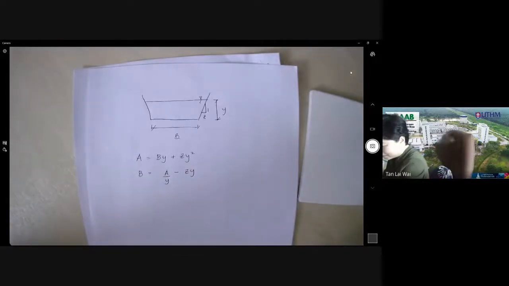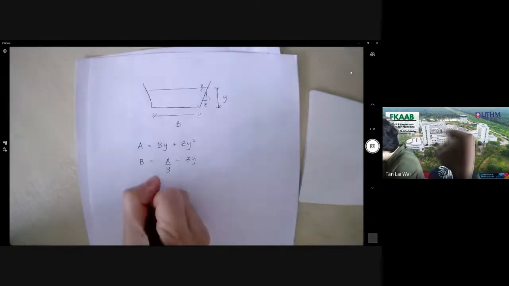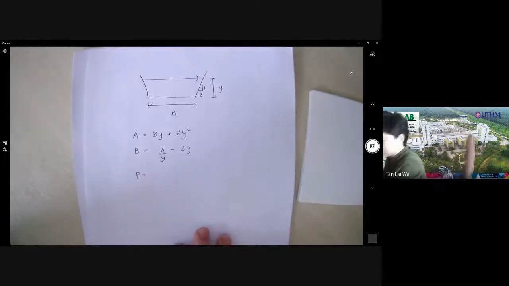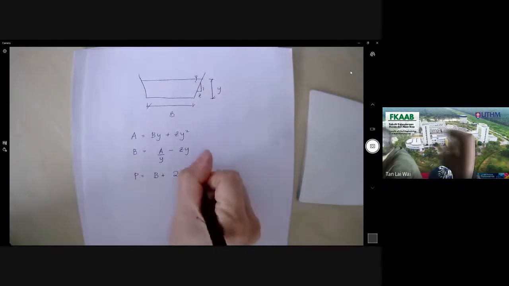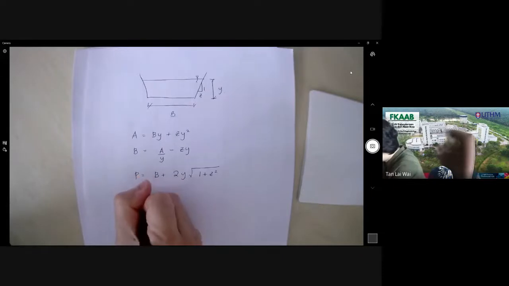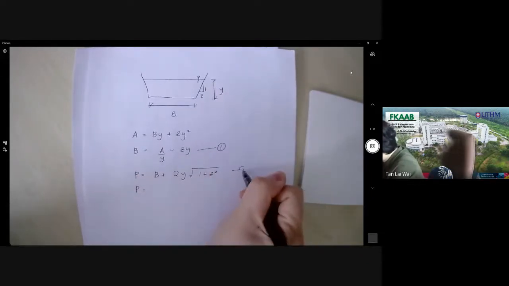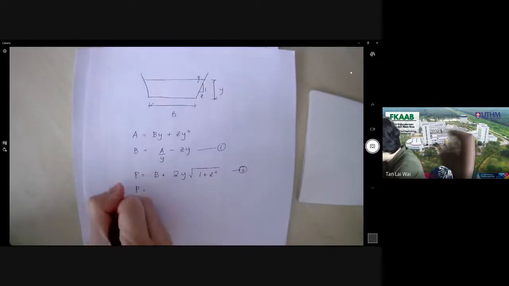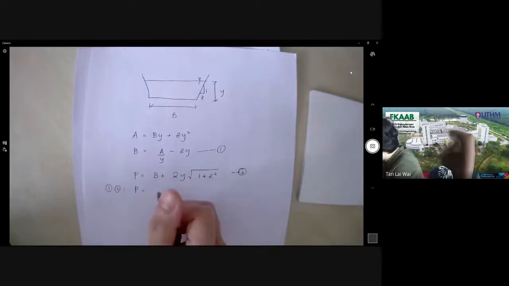Okay, you have that. Now P would be B plus 2y square root of 1 plus Z squared. I'm going to substitute expression 1 into 2.